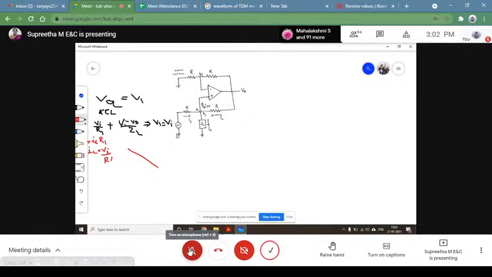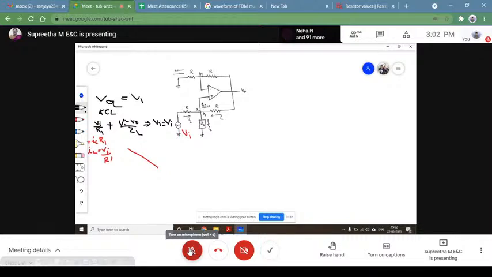Now, let us try to analyze this circuit, where you can see your load is grounded. In the earlier case, your load was not grounded. That's the major difference why we call your V2I converter floating or grounded load.